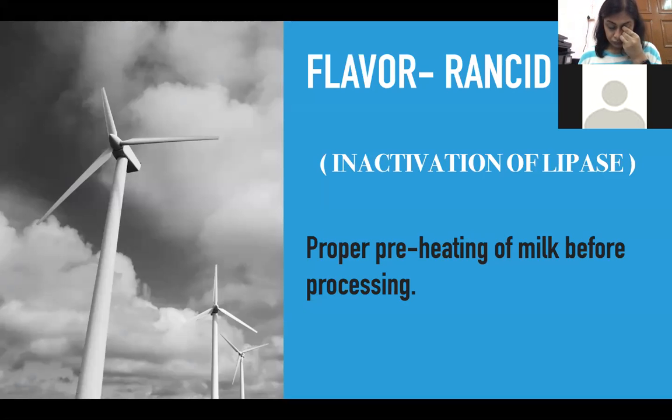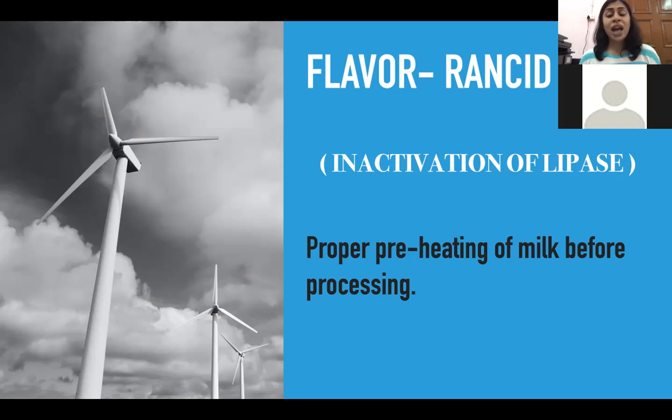Exact figure I don't know, but tell me. One minute, ma'am. It is around 145 degrees Fahrenheit, which comes approximately to 63 degrees Celsius. 60 degrees, ma'am? 63 degrees Celsius. Okay, 63 degrees.